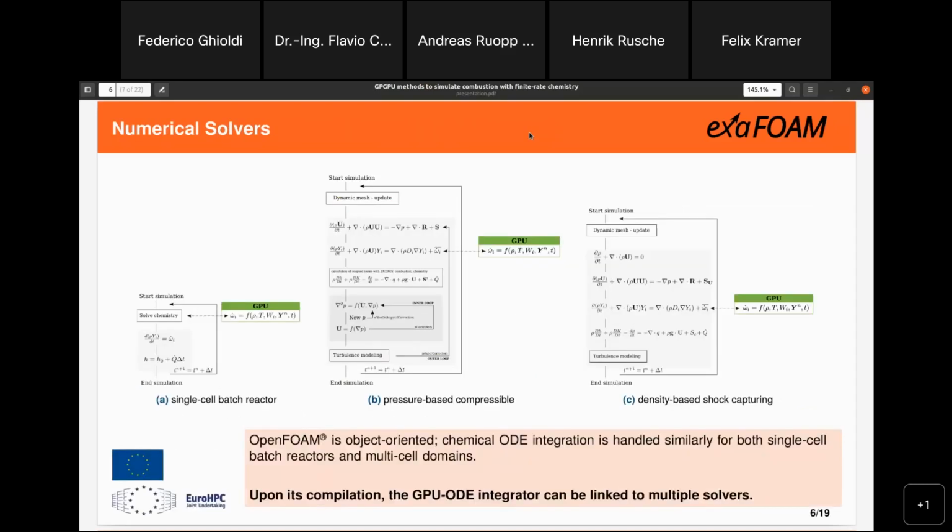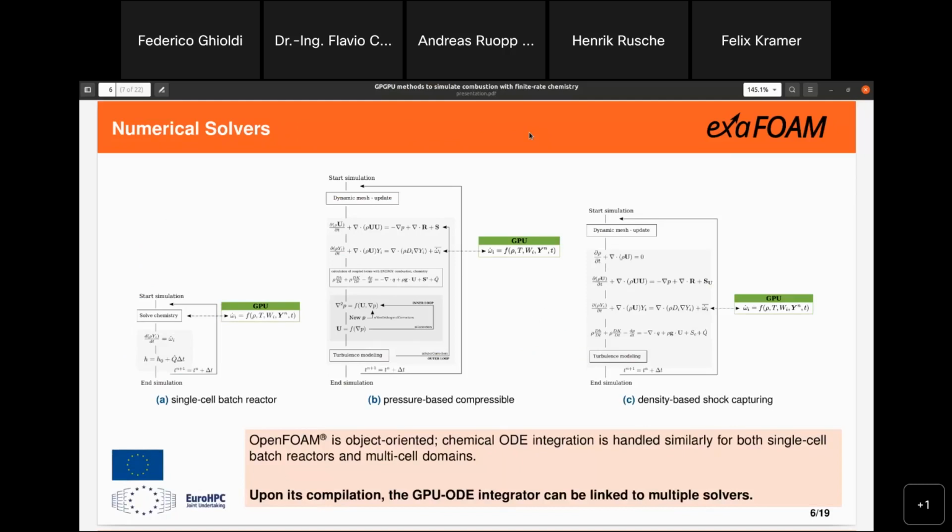So let's move to the numerical solvers. Thanks to the fact that OpenFOAM is object-oriented, we have this advantage: whenever you compile this new GPU ODE integration, you can combine it with the solvers which are already available in OpenFOAM that take into account the presence of finite-rate chemistry.